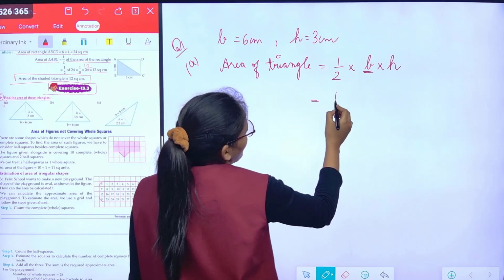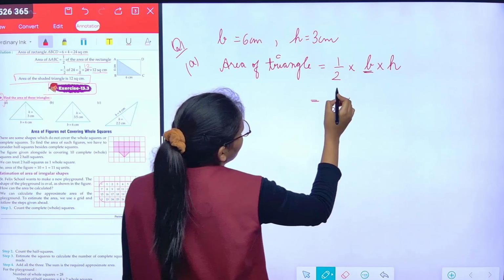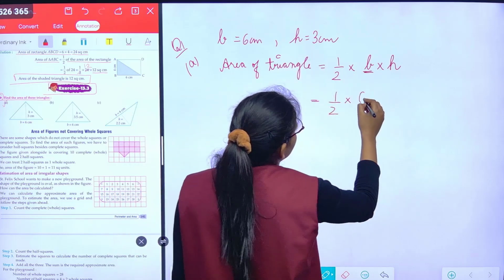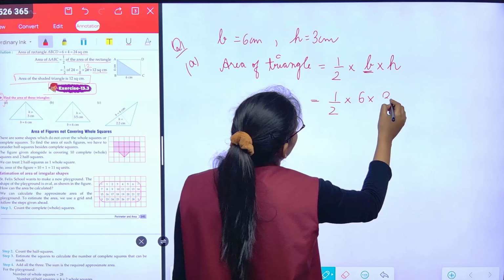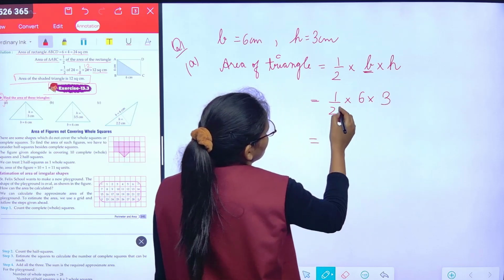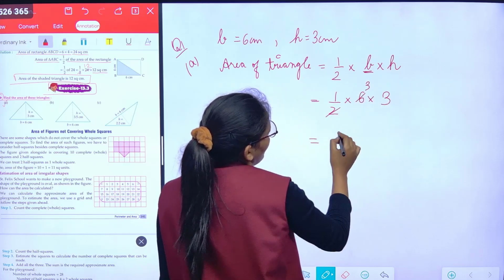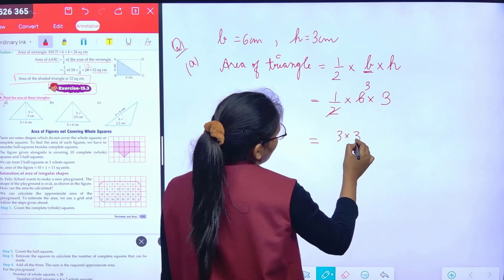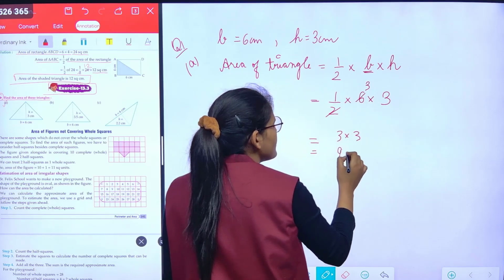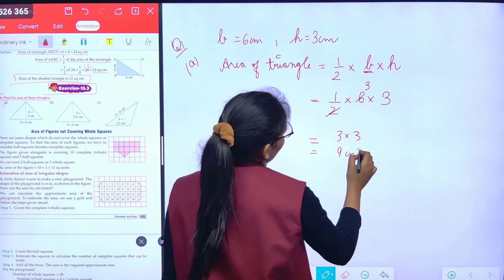So class, see, 1/2 multiplied by base, which is 6 centimeter, and height is 3 centimeter. OK class, 2 3s are 6, and 3 multiplied by 3, 3 3s are 9 centimeter square.